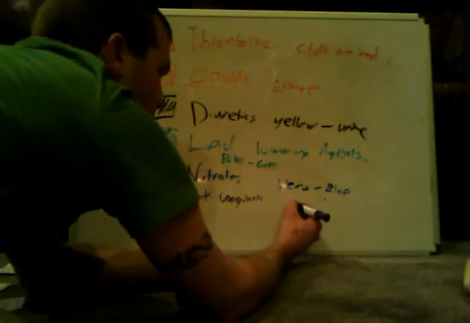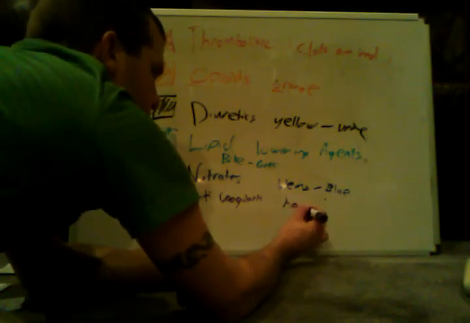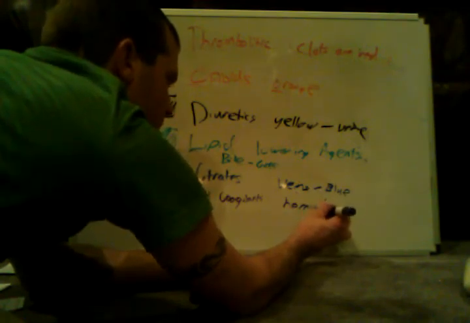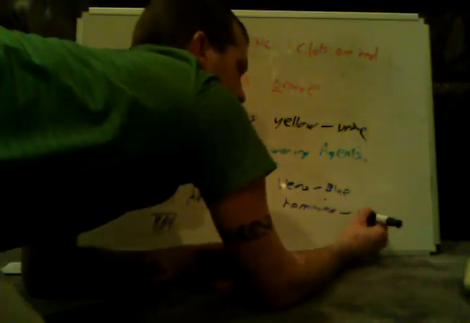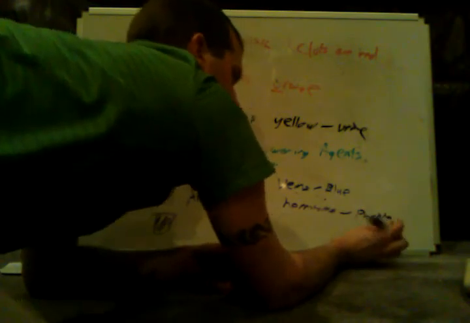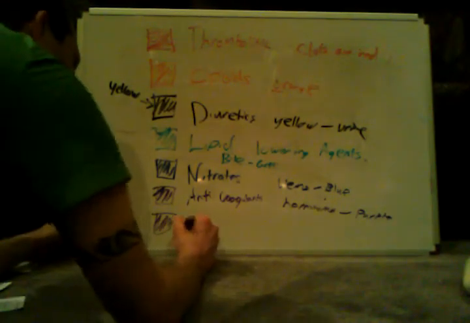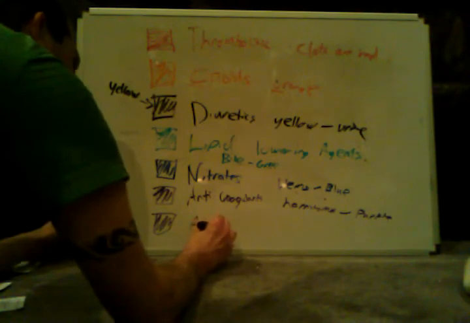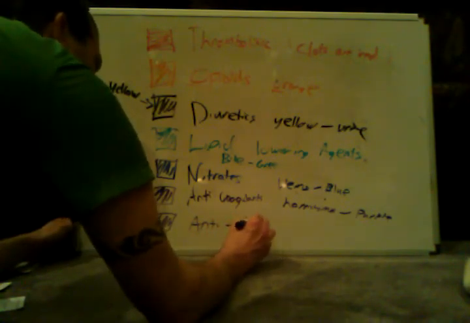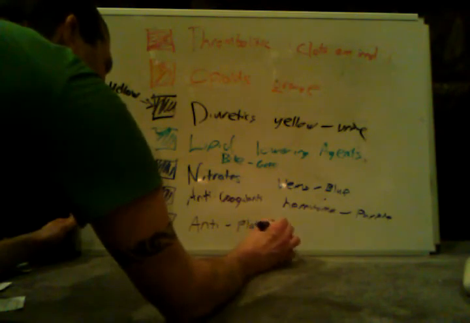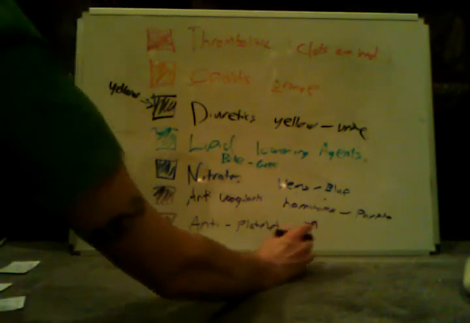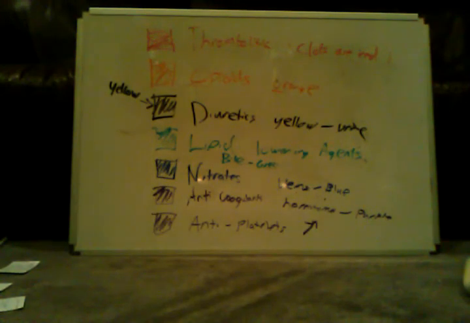If blood doesn't coagulate, it produces a hematoma. And hematomas are purple. And the same thing for anti-platelets. If you have too much of that, creates a hematoma, and hematoma are purple. So, there is that.